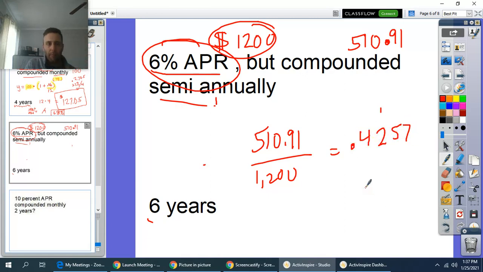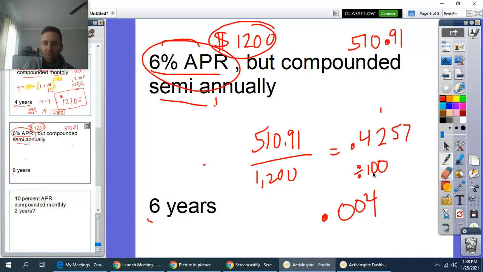You end up with 0.4257. Now, the first thing I'm going to do is get that to be a percent. I'm going to keep that in my calculator and not round it. Well, look at me, I totally did that the wrong way.